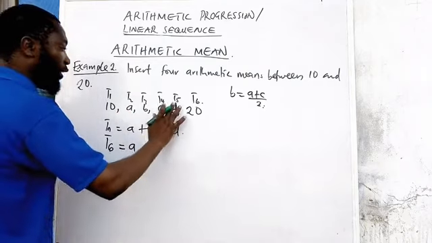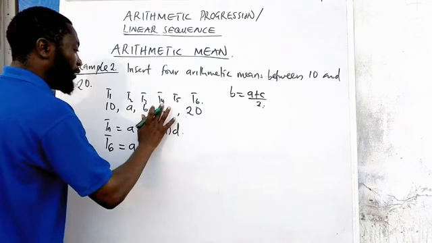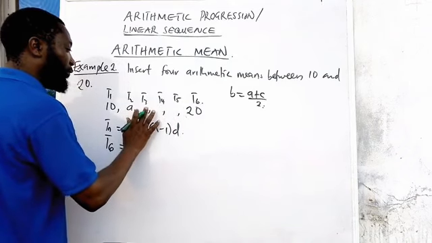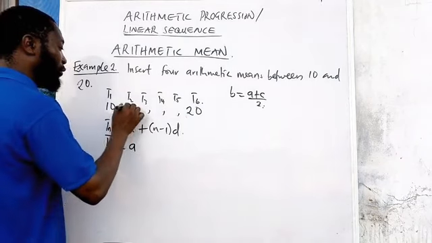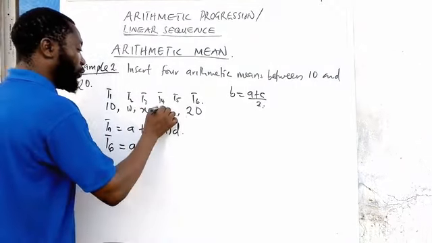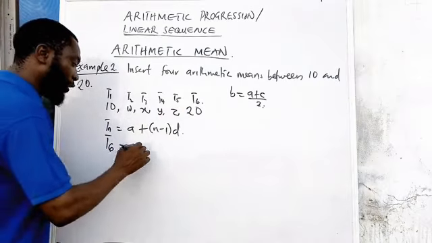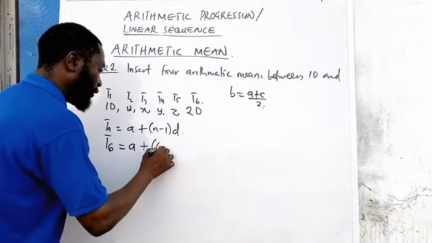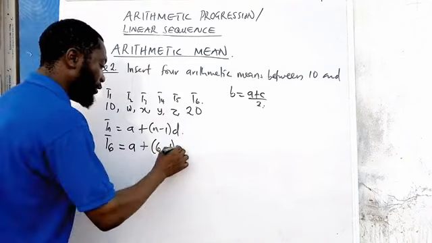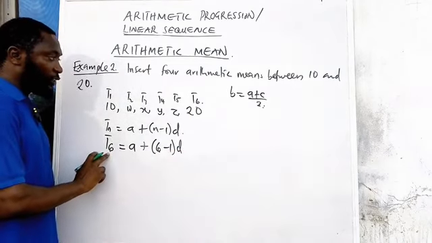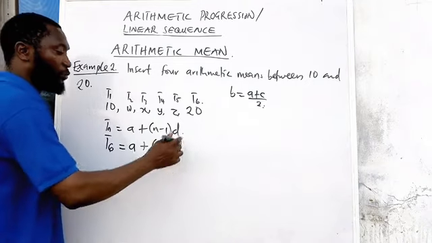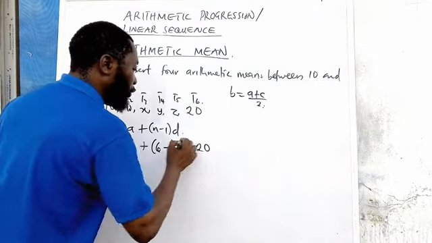Or maybe we change the letters to W, X, Y, Z. T6, that means our n is 6, minus 1, times D. And don't forget T6 in this question is 20, meaning everything here equals 20.